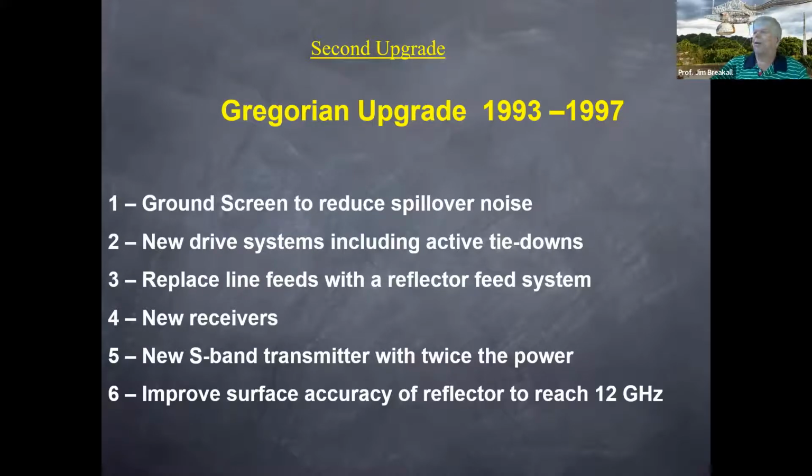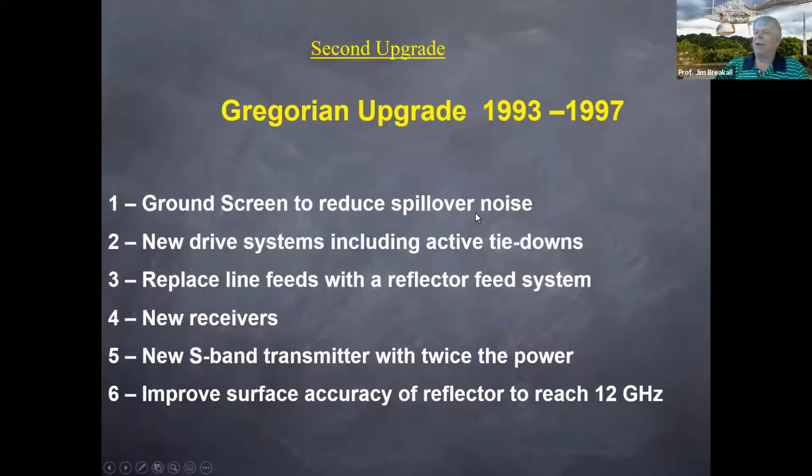A Gregorian has two mirrors, and then the main primary mirror, which is the 305 meter. And if these mirrors have the correct shape, they can basically bring all the rays to a single point, much like a parabolic dish. And then you can use standard antennas that we can obtain, and it makes life so much easier to work with.